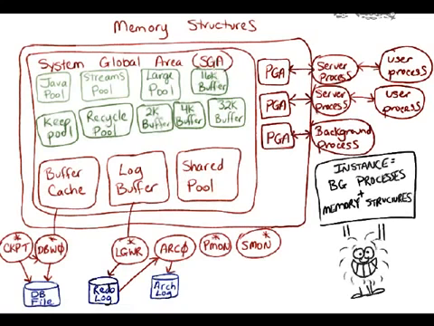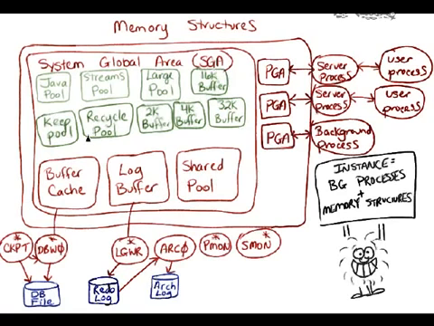Let's talk about the keep pool. Now, things that you want to keep pegged in memory, such as lookup tables, are going to go there. And you can explicitly say, hey, I want this table to go in the keep pool. So it stays there as long as it can. Think of the recycle pool as being the opposite of the keep pool.